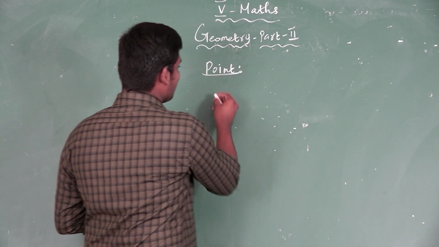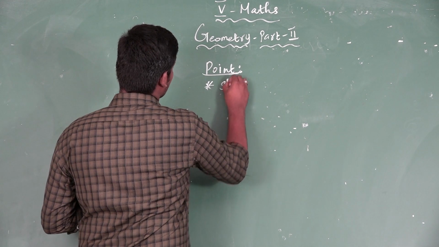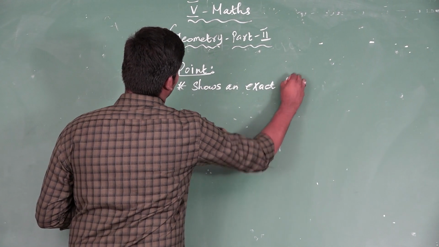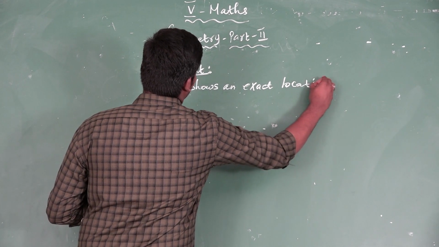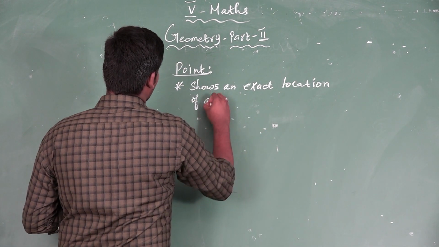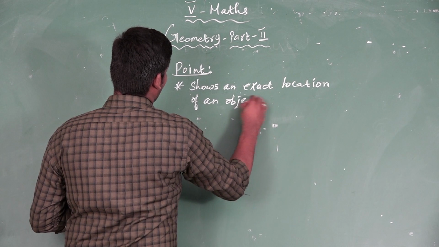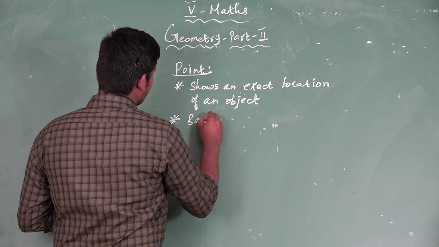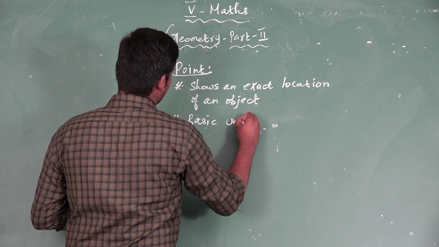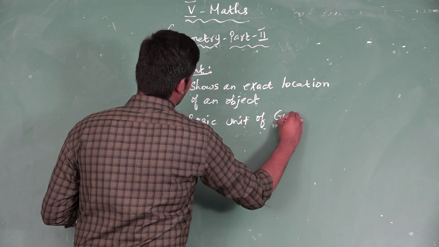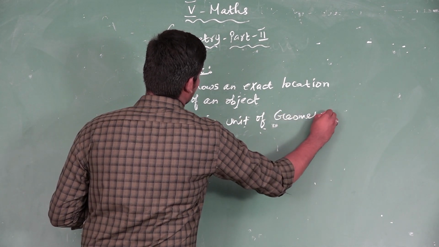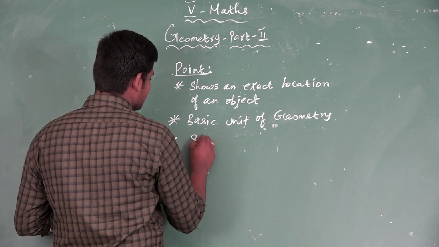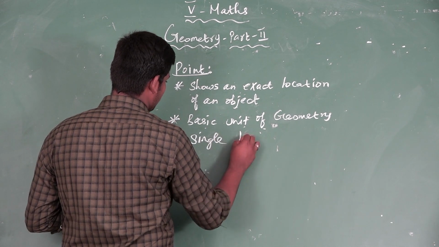So, a point shows an exact location of an object. It is the basic unit of geometry. It is represented with the help of a single dot.